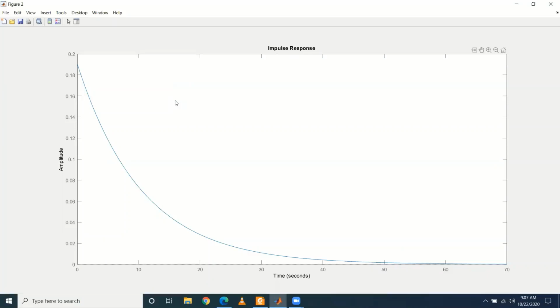And the output, as we know, will try to follow the input, right? So it will start off at its maximum value, but as time goes on, it will eventually become equal to 0, which is the final value of the input. So in this manner, the output becomes equal to the input, but it takes some time to do so, isn't it? So this is how you can tell that this is the impulse response. It eventually becomes 0 after a certain amount of time.